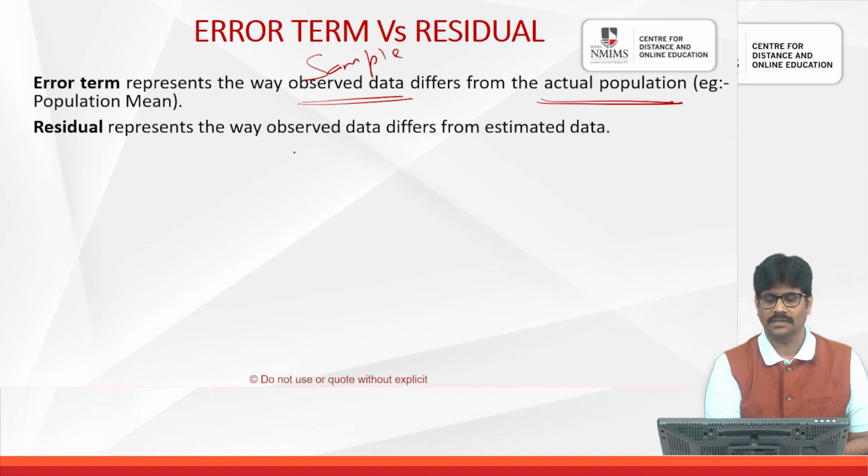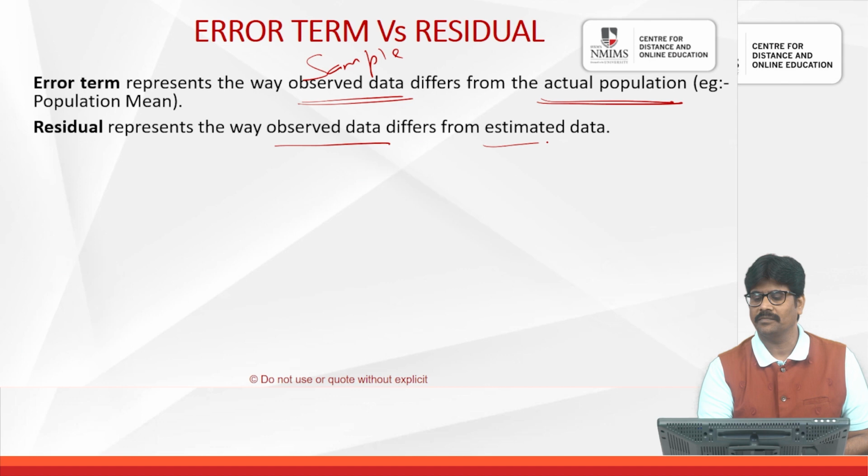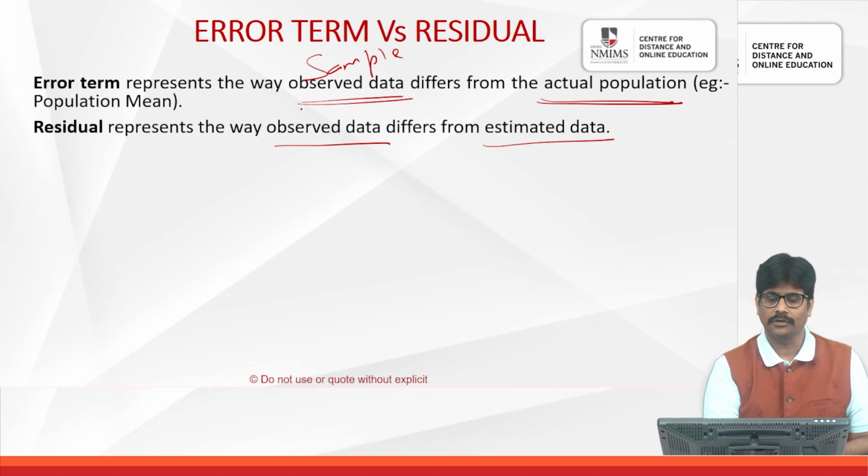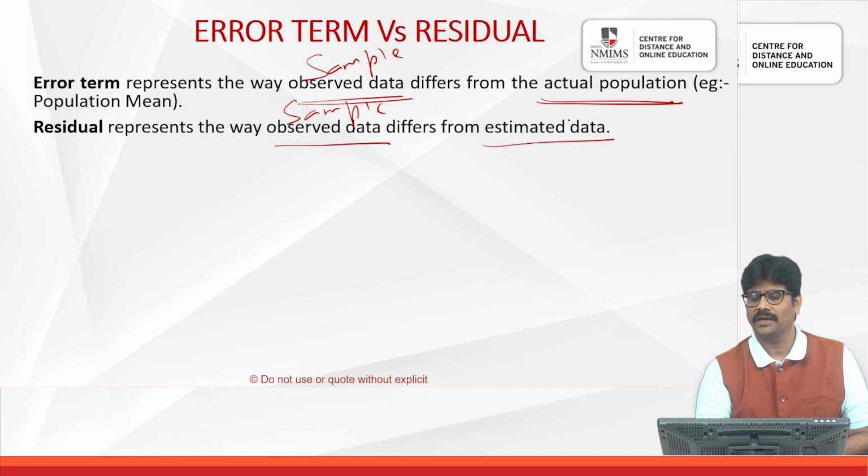Residual represents the way observed data differs from estimated data. Observed data, again, is the sample; estimated data is what we have estimated from the regression equation, which is represented as y hat.